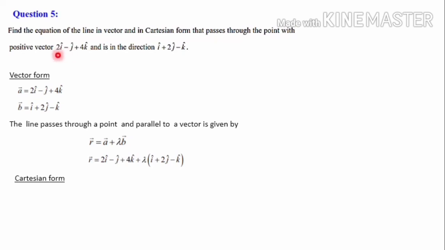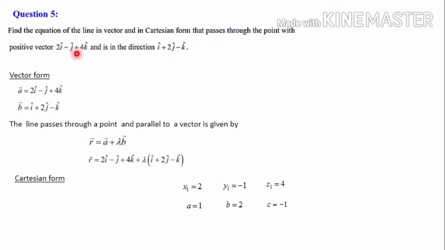So from here, as I mentioned before, x1 is 2, y1 is minus 1 and z1 is 4. Then a, b, c we will get from the parallel vector, that is a is 1, b is 2 and c is minus 1. Once again, x1, y1, z1 is from the given vector.